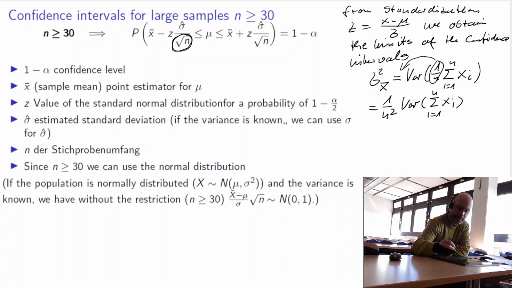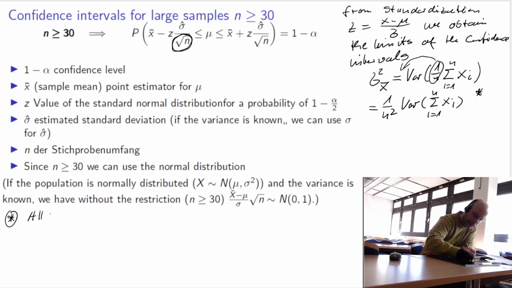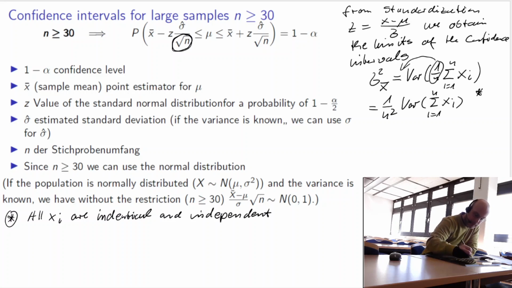And now our assumption: all xi are identical and independent distributed.